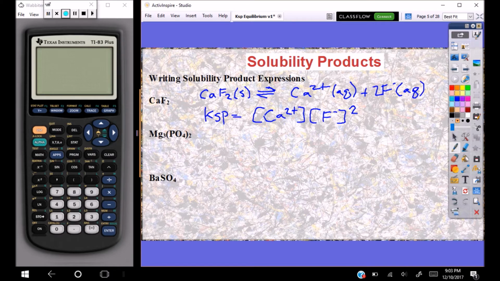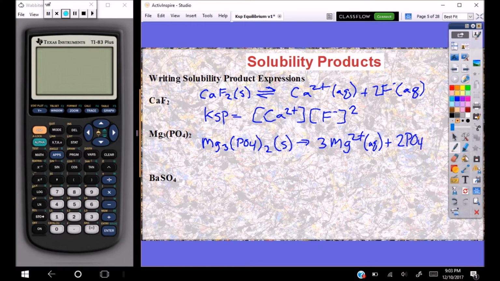Okay, so the first one, we could look at our solid here, and we know that that would split up. I'm sorry, I forgot my states of matter. We know that would split up into 3 magnesium 2+, and that is aqueous, and 2 phosphate ions.